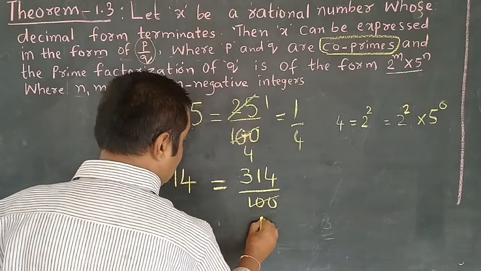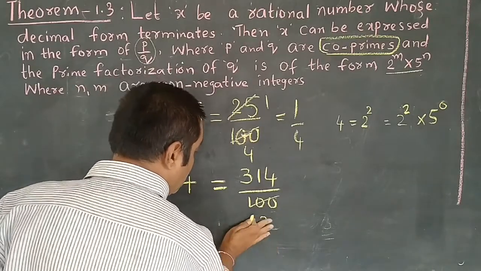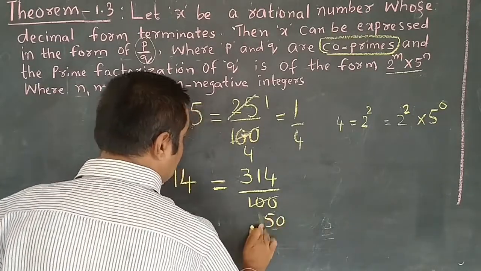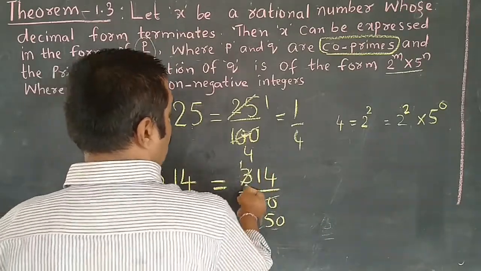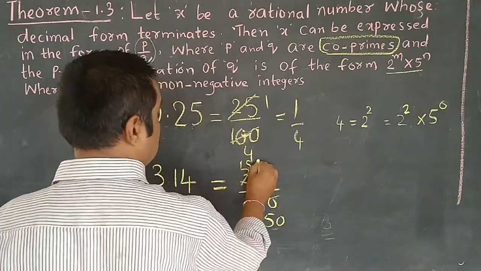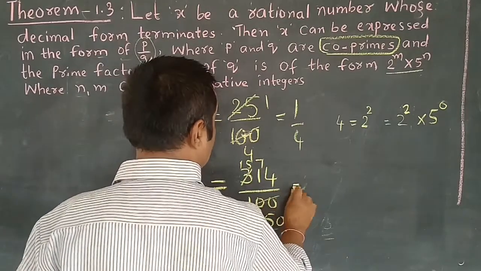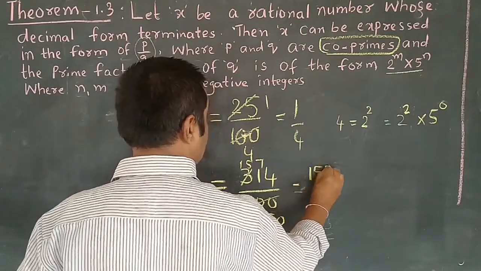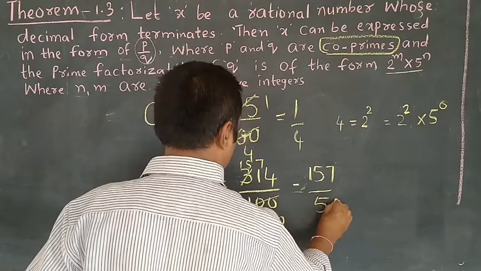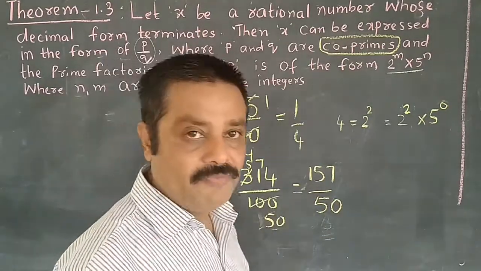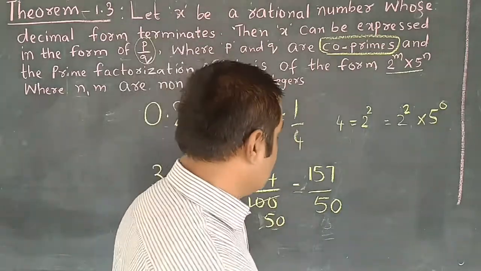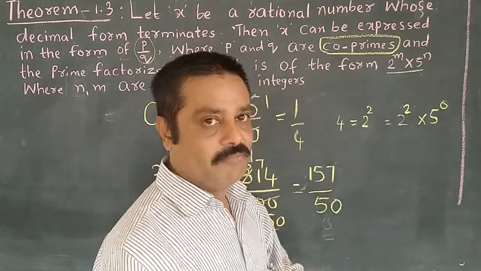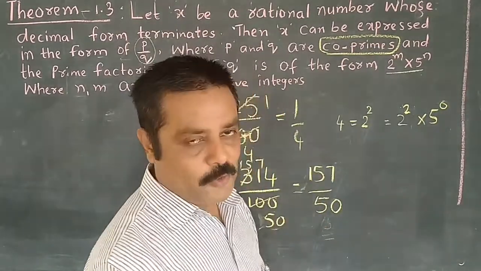When I cancel by 2, 2 50s are 100 and 2 1s are 2, and 2 5s are 10, 2 7s are 14. So we get 157 by 50. Now these two are co-primes because there is no common factor other than 1 for these two numbers.